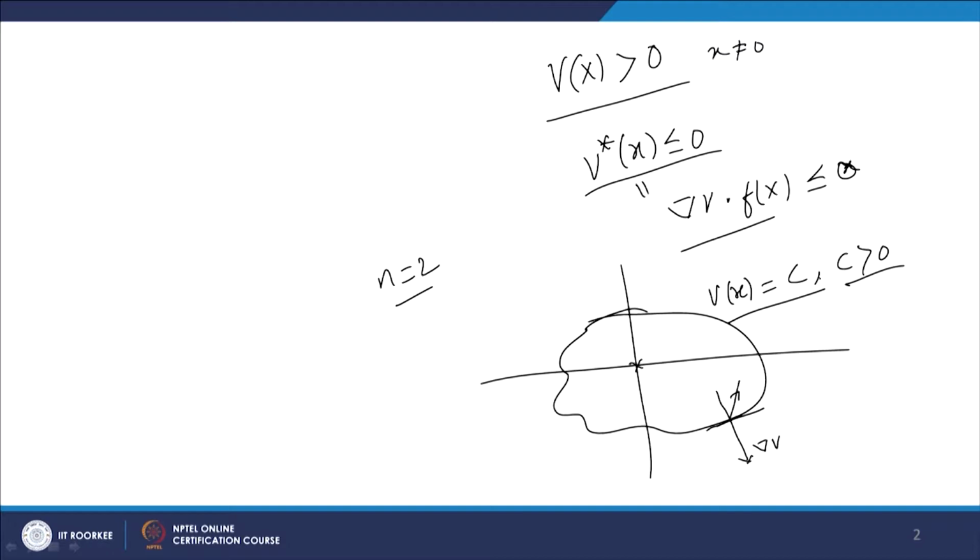Now, what is this f of x? If you look at f of x, it is nothing but x dash equal to f of x. So it means that f of x is nothing but the tangent vector of x dash here. At this point, this f of x represents the tangent vector defined at this particular point. So the tangent vector is directed towards the interior of V of x equal to c.